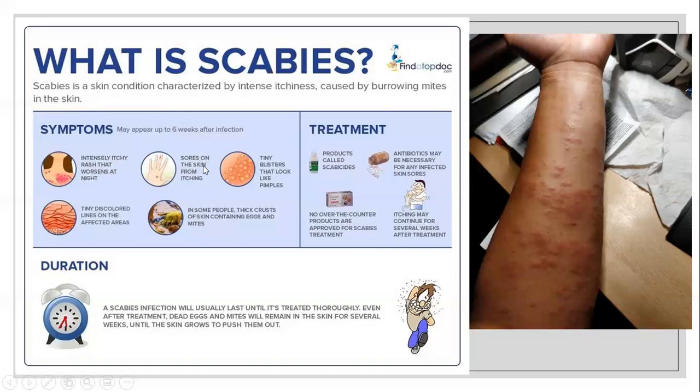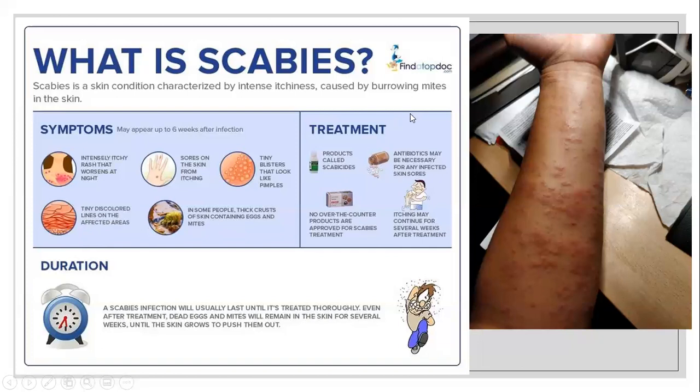Also sores on the skin from itching, tiny blister formation that looks like papules or pimples, and tiny discoloration of the affected area. In some people, thick crusts form on the skin.